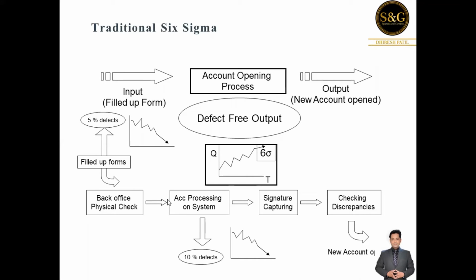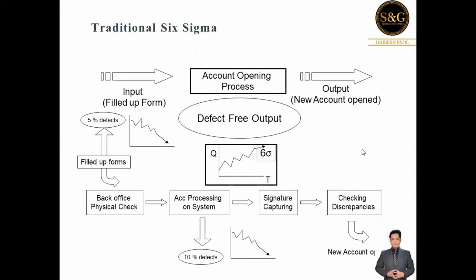So there are 1, 2, 3, 4, and 5 steps until the new account is opened, and at various stages you can see there are defects being generated. At the form filling stage, there is 5% defect. In the account processing in the system stage, there are 10% defects. So traditional Six Sigma would attack the processes and try to reduce the defects, like what is shown in the graph.